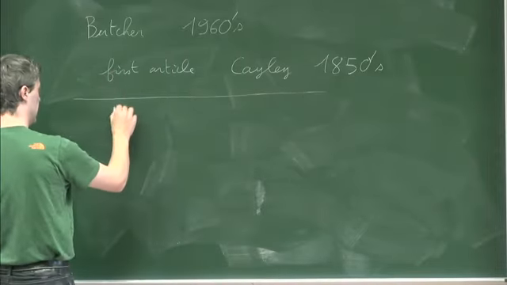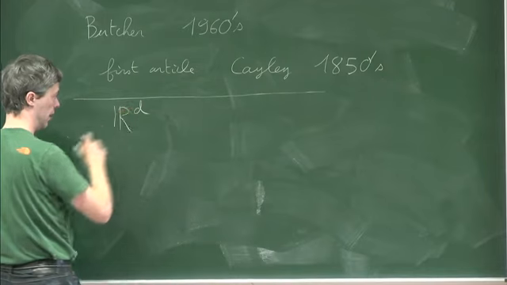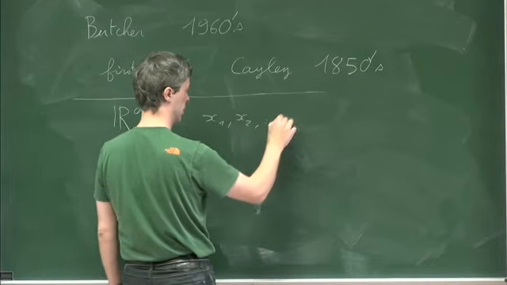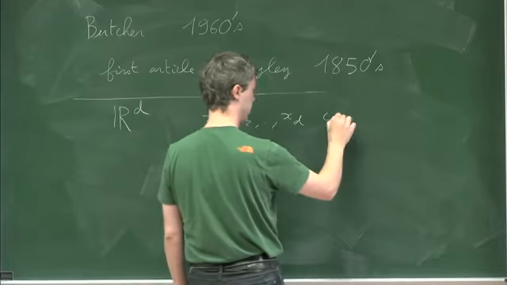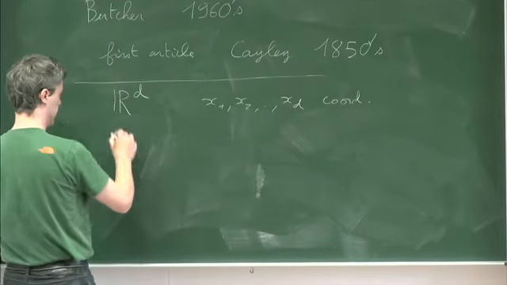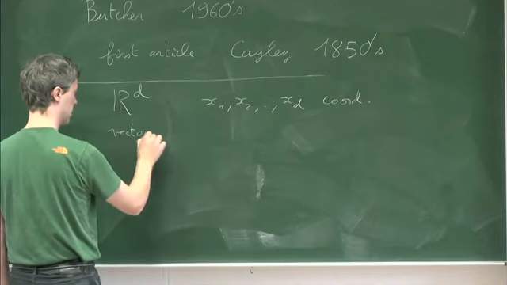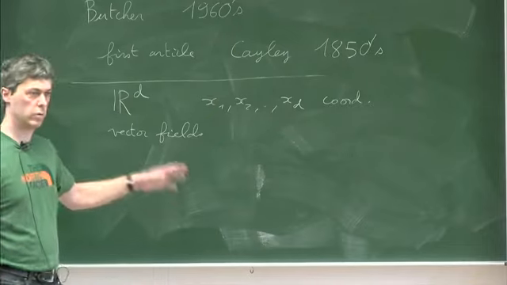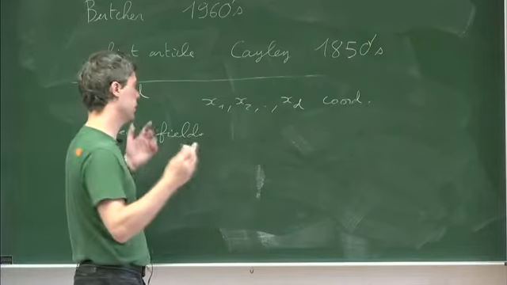So we place ourselves in R^d, and we choose coordinates x1 up to xd. And we look at vector fields. Let's say polynomial vector fields if you want.